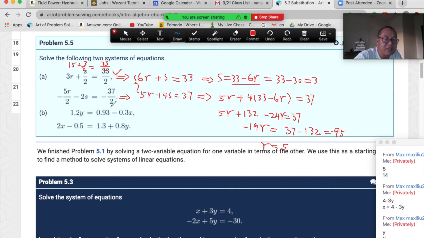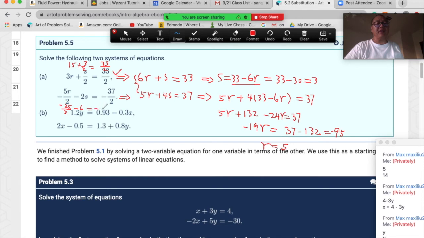Now let's see the second one. You plug r equals 5 here. That gives us negative 25 over 4, then minus s equals 3, so minus 6. Now let's simplify this.